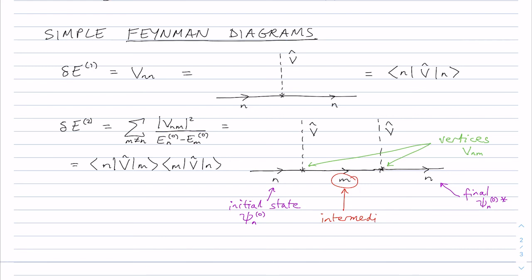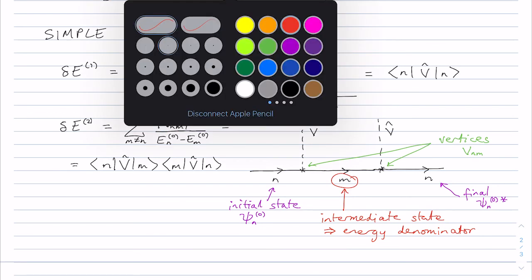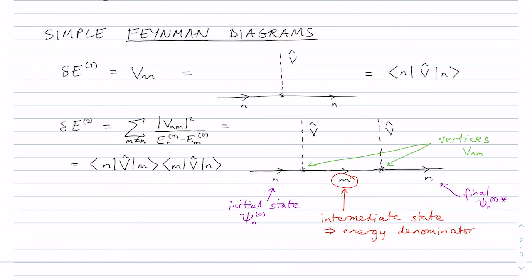Then I have rules like the intermediate state gives me an energy denominator. And furthermore, the intermediate state means that I have to sum over the intermediate state. It's in the rules, and I have to have an energy denominator.